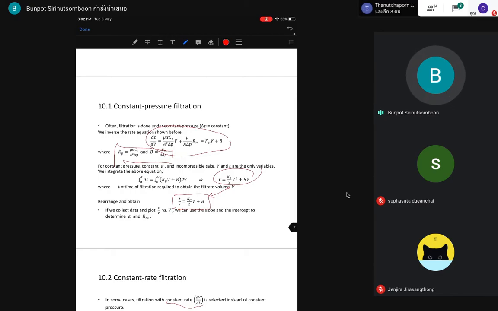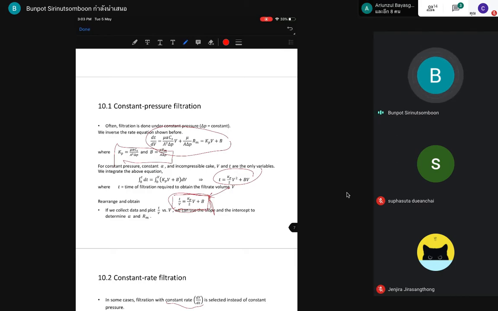You can rearrange the equation into this form, and when you get experimental data of collected filtrate volume over time, you can make a plot of t/V versus V and find the slope and intercept.